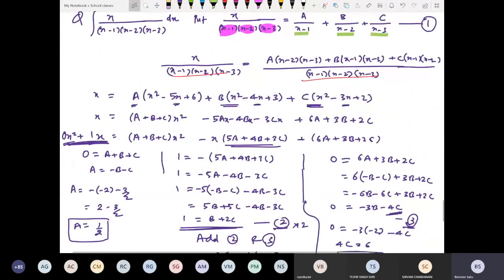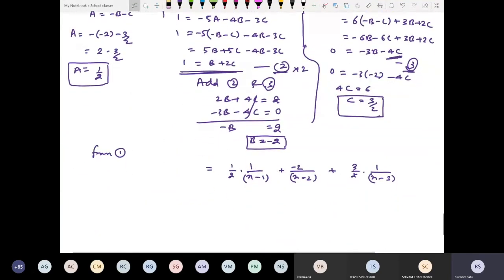A student asks, "Sir, can we do it using some other method rather than comparing the coefficients?"